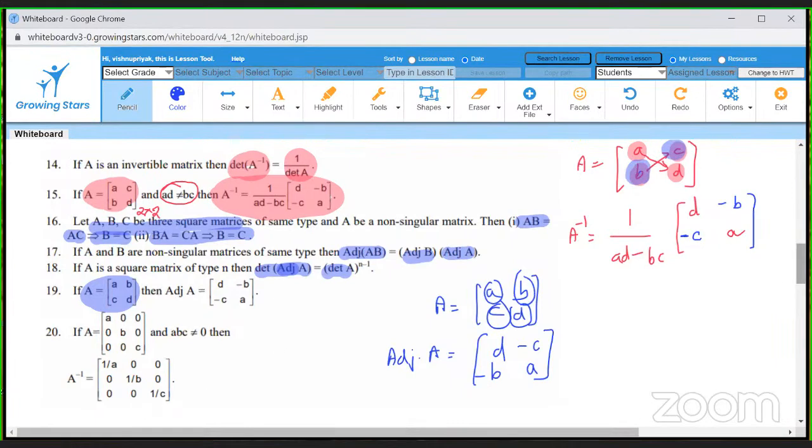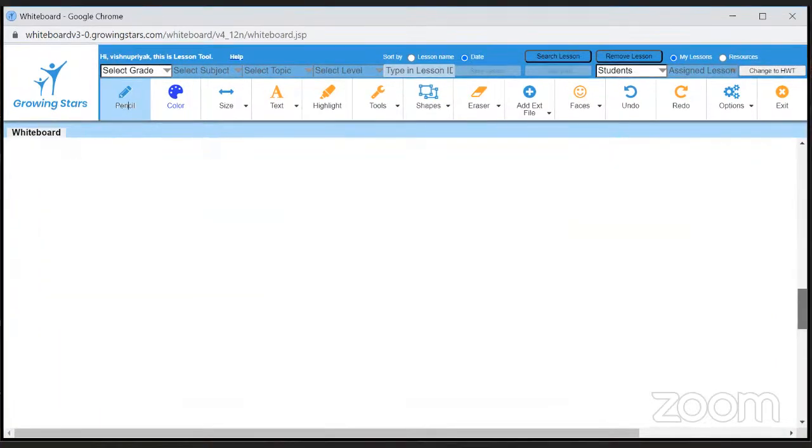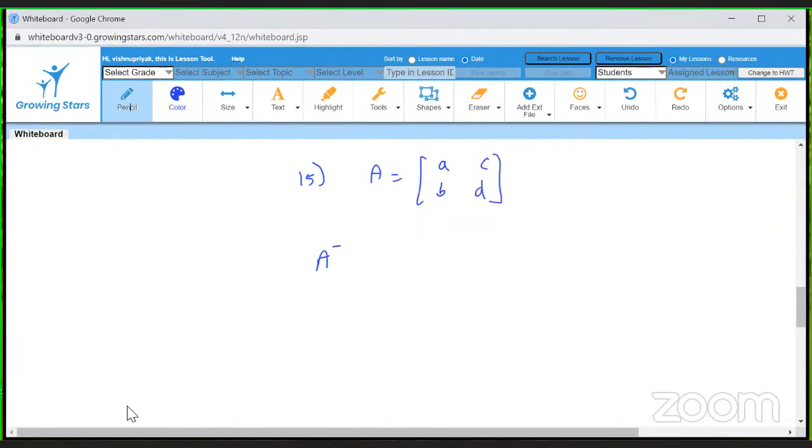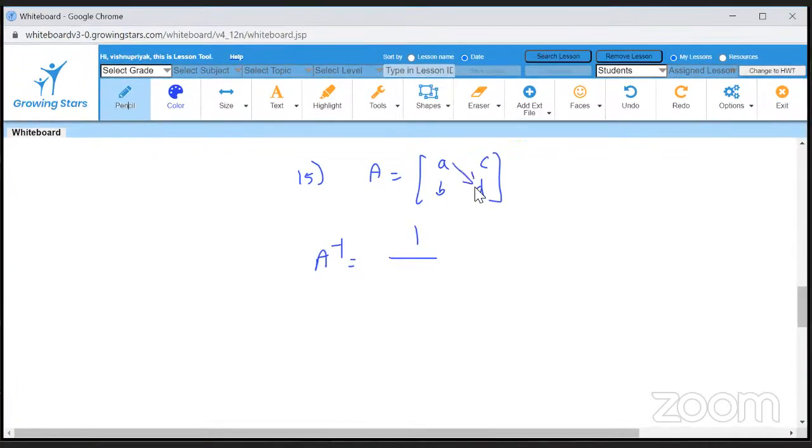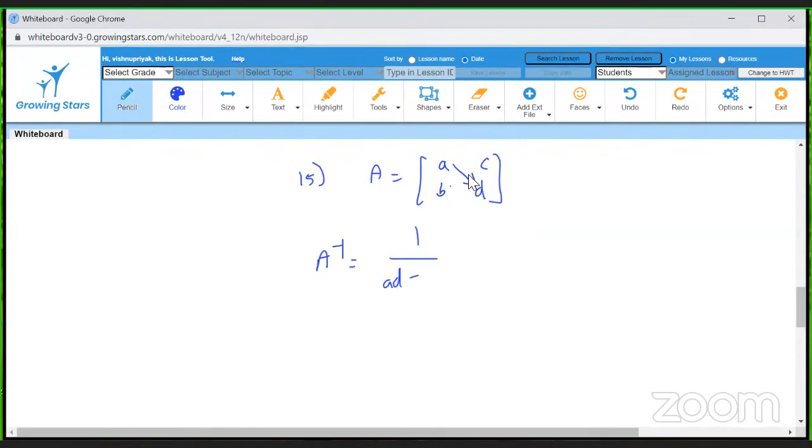Kumar is asking about point number 15. In point number 15, I said, if you have a matrix A, B, C, D, you can find the inverse of this matrix. How? First of all, multiply AD, AD minus multiply BC. After that, you will write a matrix.